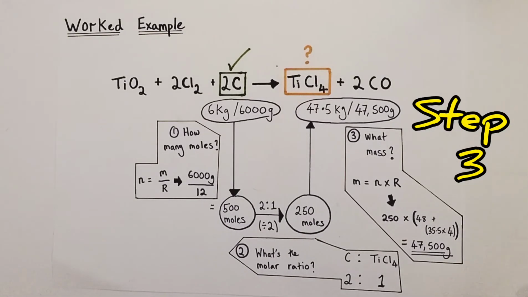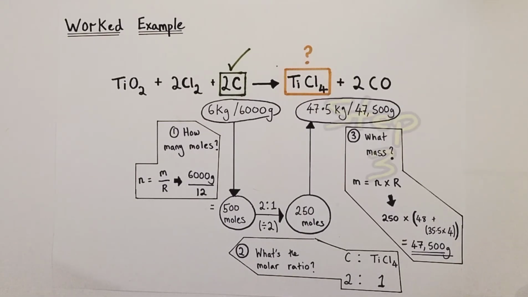The third step is to convert the moles of the substance we now are looking for back into a mass. So that again is a mole mass conversion calculation. Mass is calculated by taking the number of moles and multiplying by the relative mass of the substance. So we would take 250 moles, our value from the previous section, multiplied by the relative mass of titanium tetrachloride.